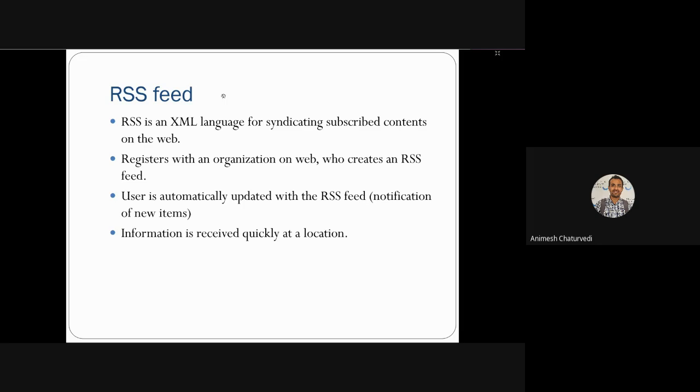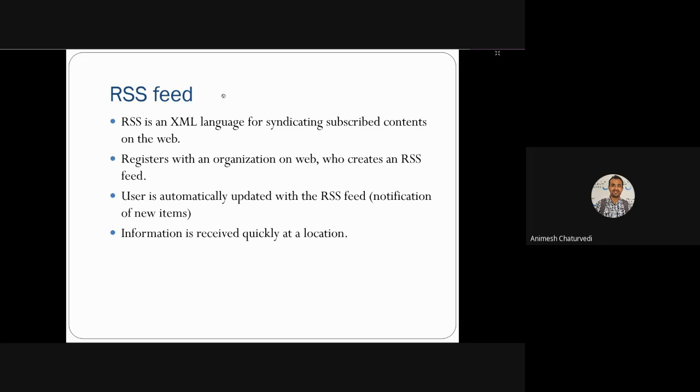Then how can you do that? You simply register on an organization and accept all their agreements, and then you can create an RSS feed, so you get the updated RSS feed notification automatically on your emailing system, or some web page of your own or something like that.